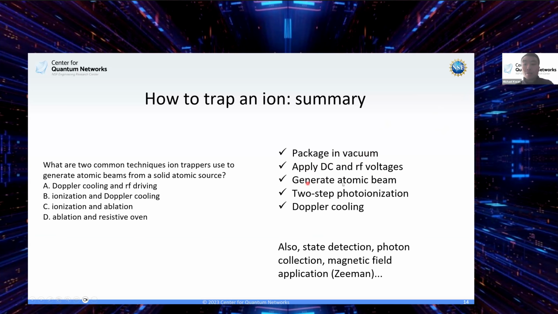Next, you'll need to generate the atomic beam using either the ablation technique or resistive ovens, followed by two-step photoionization, and then Doppler cooling. Yeah, so there's quite a bit of experimental overhead.